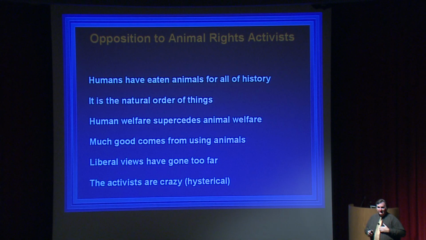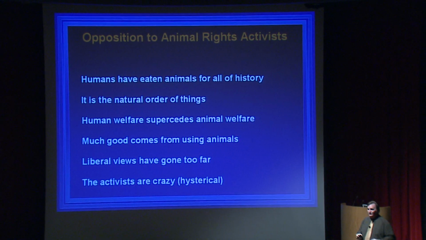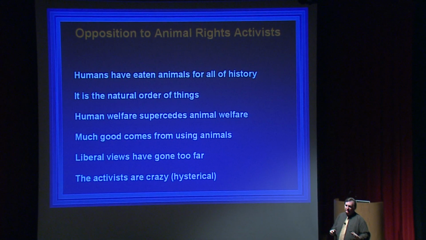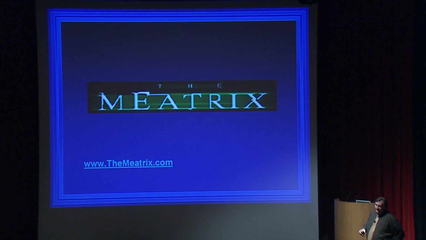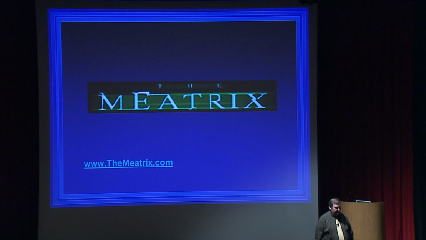And then there's, as usual, what happens when one group is opposed to another, they tend to vilify the people. They can vilify the ideas, but then you can vilify the people as well. And so the characterization of these people as out of control, hysterical, crazy, is quite common from that point of view.